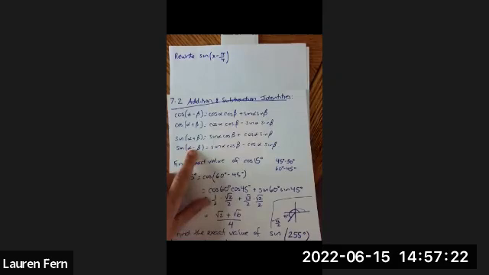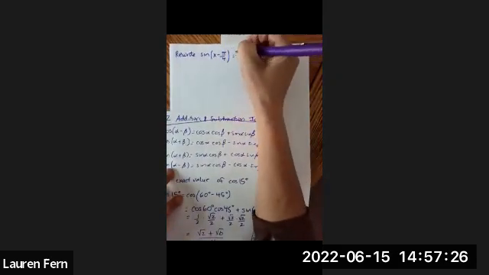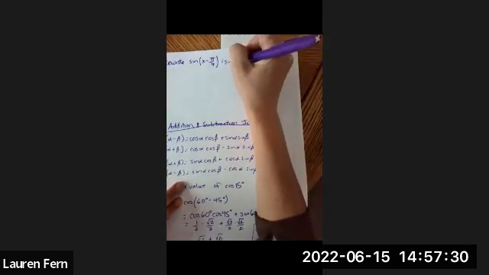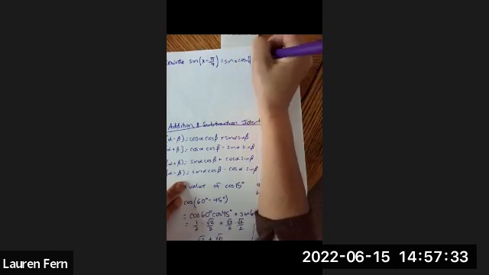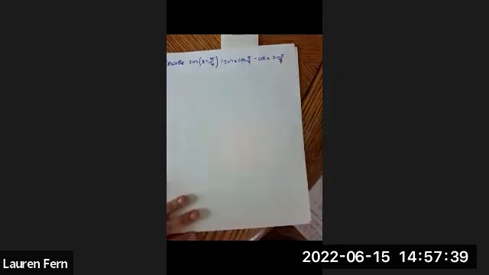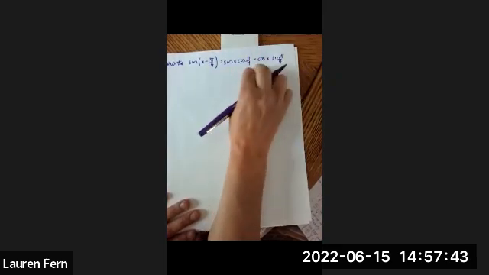Well, I'm going to use my sine difference formula, and I'll rewrite this as the sine of x cosine pi over 4 minus cosine x sine pi over 4. And then substitute in the values that I do know.